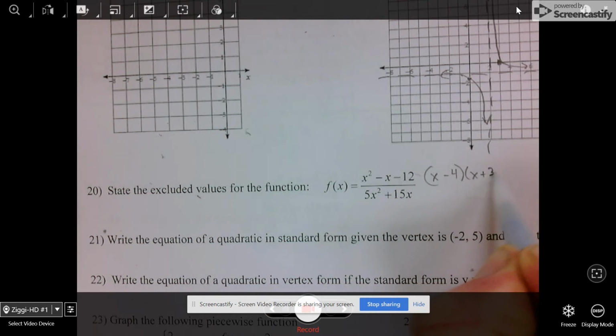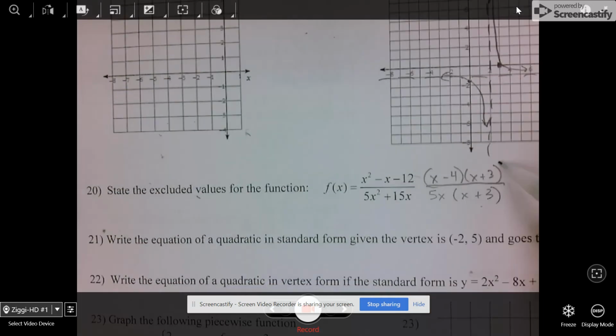But I can cross out that -3, so that at x equals -3, there's going to be a hole. It's still excluded, but there's a hole. You won't be able to see it on your calculator. And x equals 0 is a vertical asymptote. So two different kinds of excluded values that go with that.